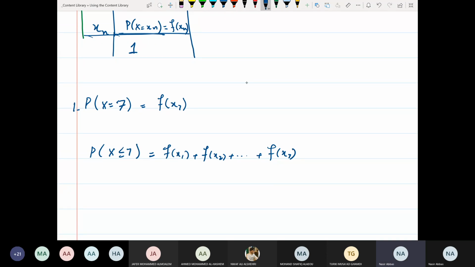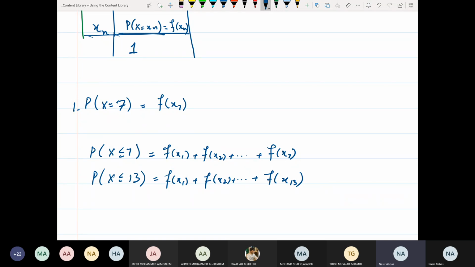What if I'm interested in probability of X less than equal to 13? That will be on the similar lines, f of x1 plus f of x2 all the way up to f of x13. And this is a very common question where we ask you to find less than or equal to probabilities.